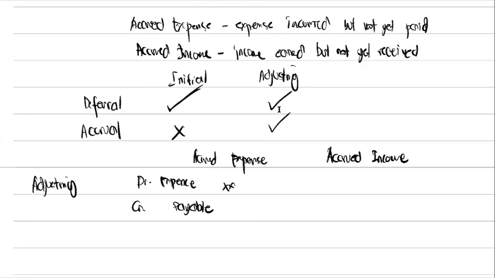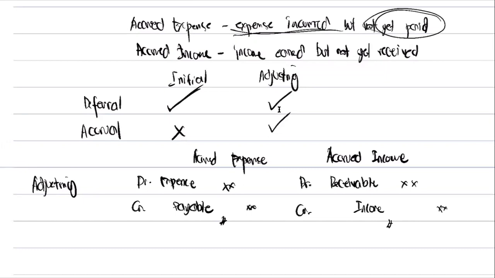For accrued income, we just debit a receivable and we credit an income. Just take note for accrued expense, if you incur it but you did not pay it. Okay. How about accrued income? You earned it, but you did not yet receive.